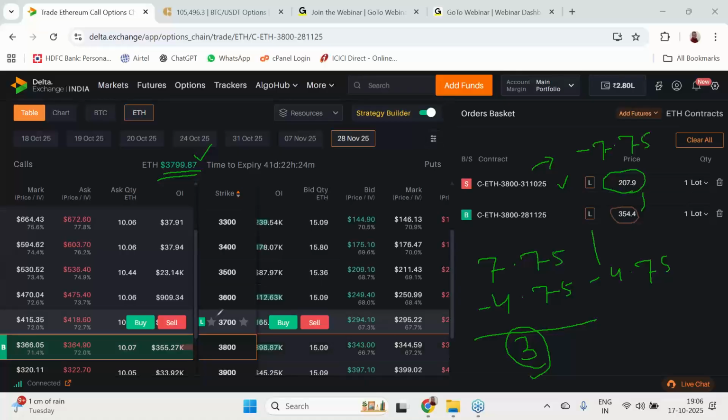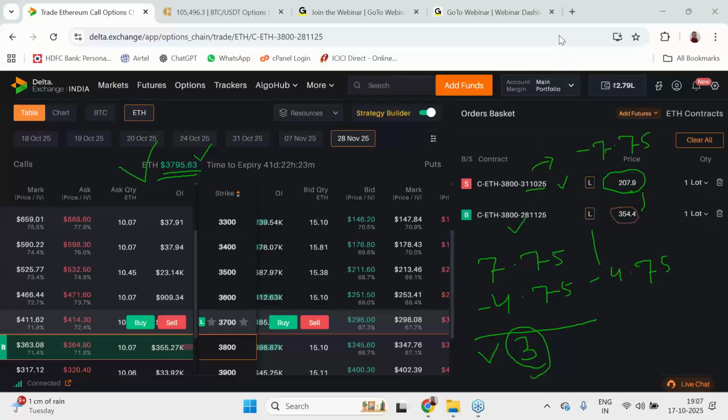Till the end of this month, which is the 31st of October 2025, if the underlying asset remains below 3,800, then this $3 is a possibility for you. In case it goes above 3,800 and goes to 4,000, 4,200, 300, 400, like this, then you will land in loss.